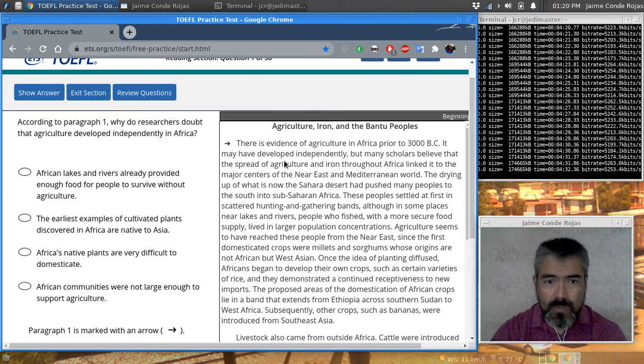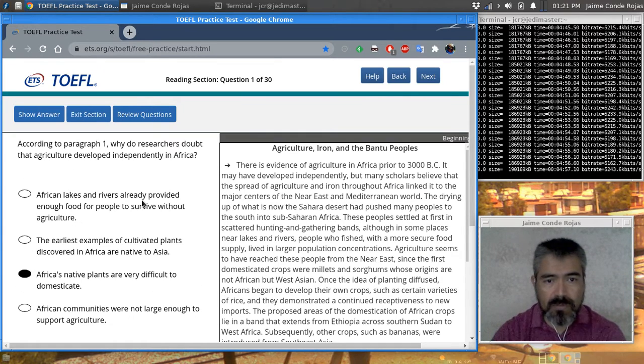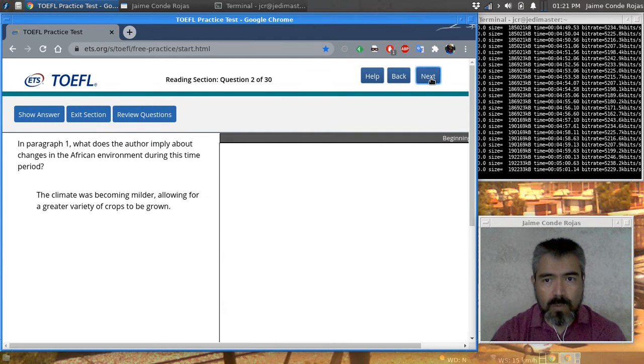So you have to read the paragraph. In this case it is paragraph 1, marked with an arrow. You have to find the information for the question only in this part. Once you answer the question, let's say I'm going to check this, we can go to the next question.